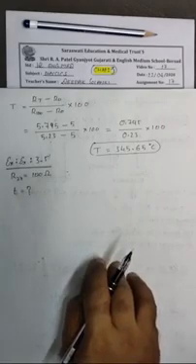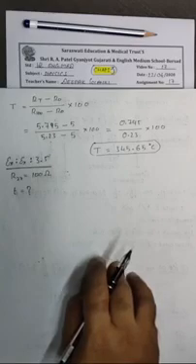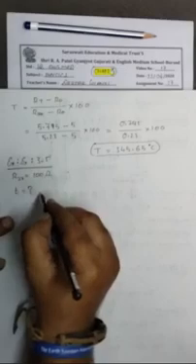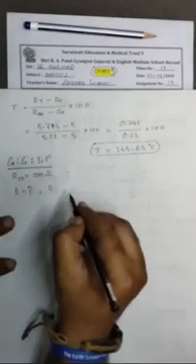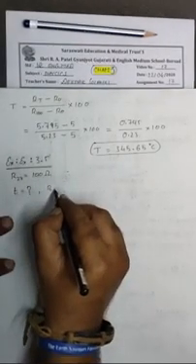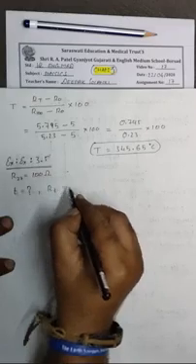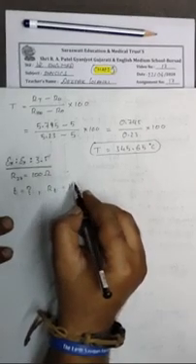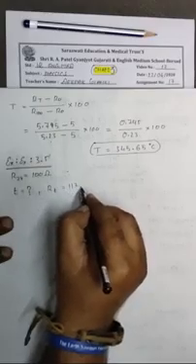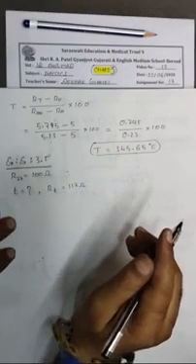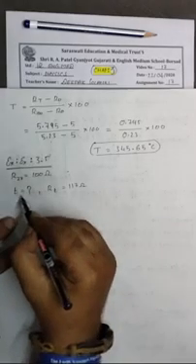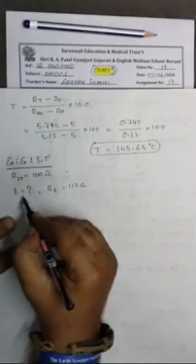If the resistance is found to be 117 ohm, it means you have to find T when the resistance at that temperature T is 117 ohm. Okay, so this temperature you have to find.